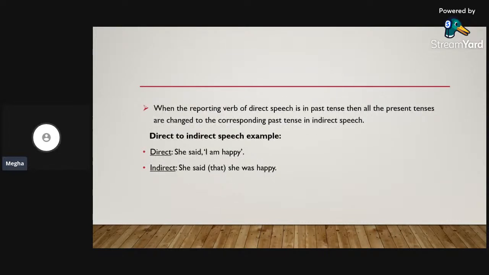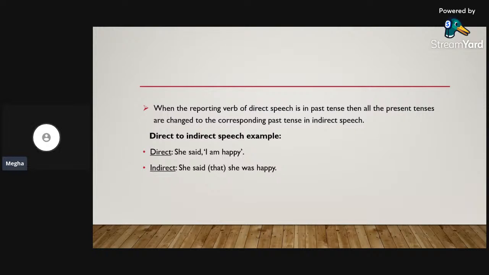Okay, let's move on. When the reporting verb of the direct speech is in past tense, then all the present tenses are changed to the corresponding past tense in indirect speech. This is with respect to tense. See, here is an example of the conversion from direct to indirect speech.